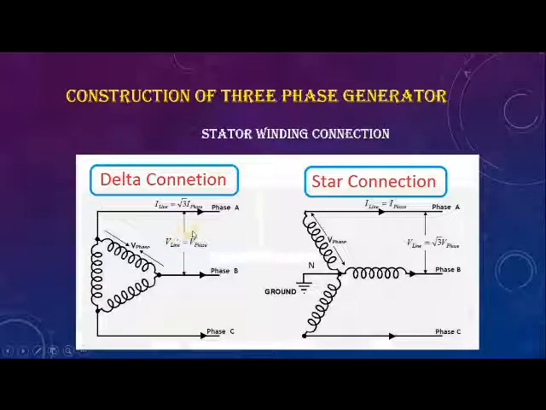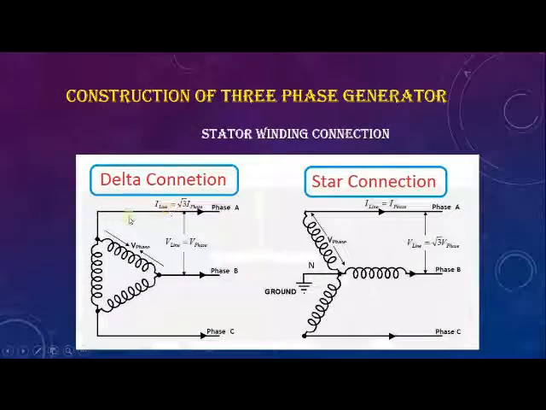And another thing, there are 2 currents, line current and phase current. Current flowing through this winding is the phase current, and current flowing through this phase conductor is the line current.